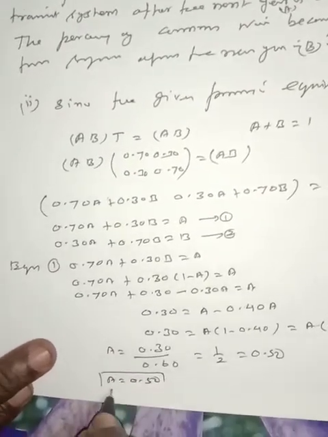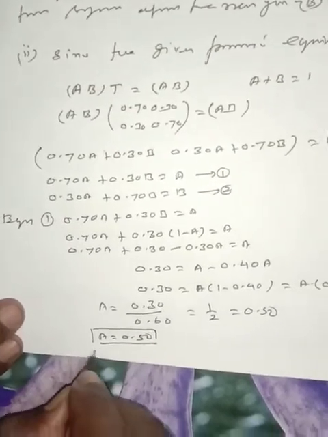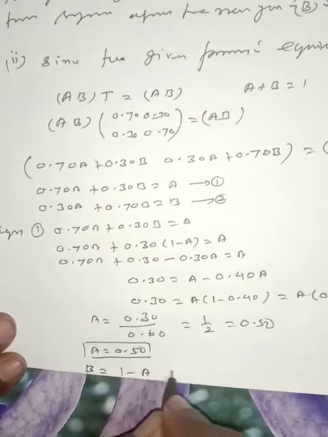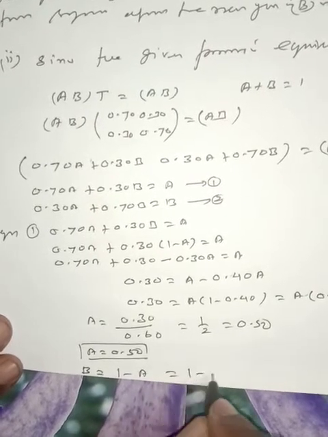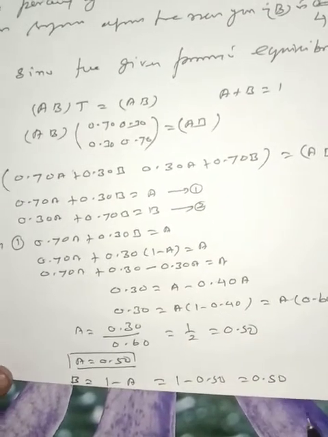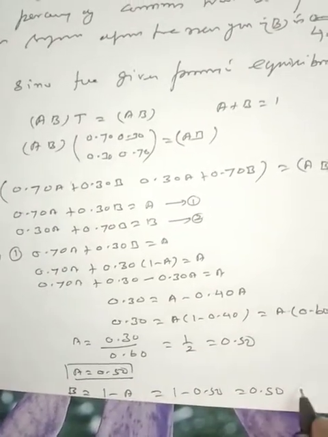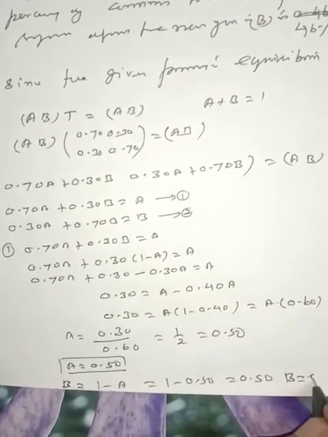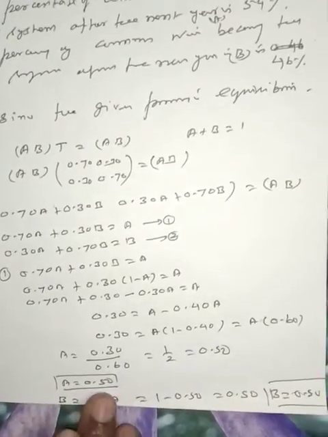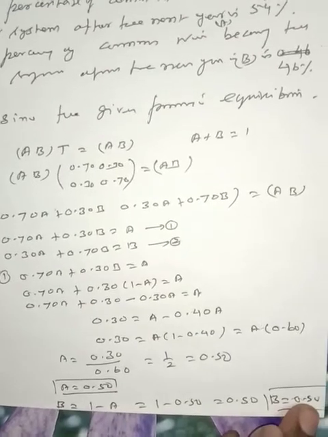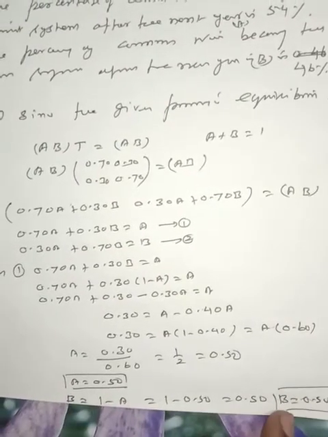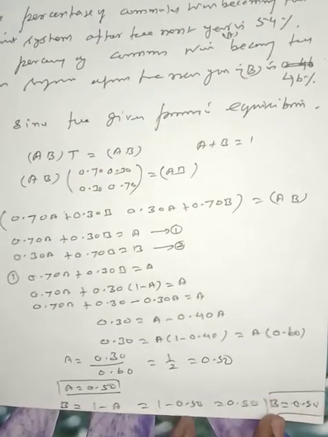We know that B is equal to 1 minus A, which is 1 minus 0.50, equal to 0.50. A is 0.50, B is 0.50. Therefore the percentages of A and B are in equilibrium.